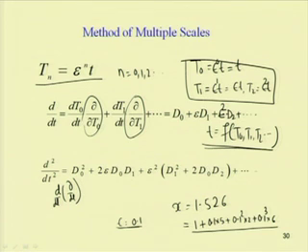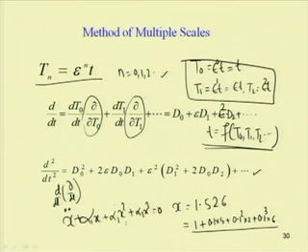Now, substituting these equations in our original equation which we are going to solve, that is x double dot plus alpha 1 x plus alpha 2 x square plus alpha 3 x cube equal to 0. Let us solve this equation.